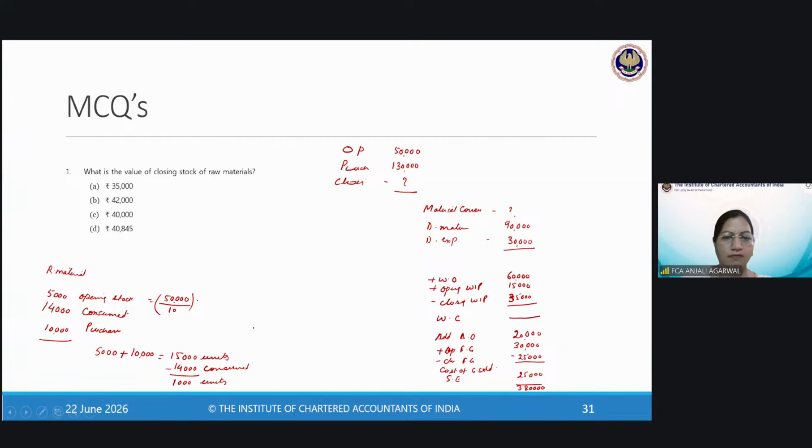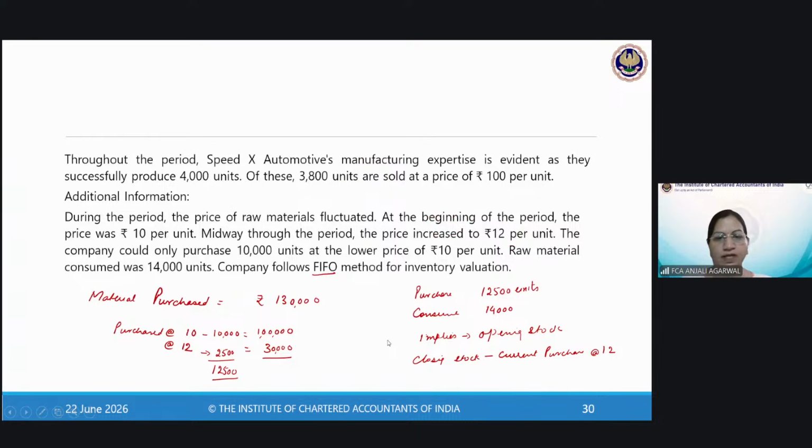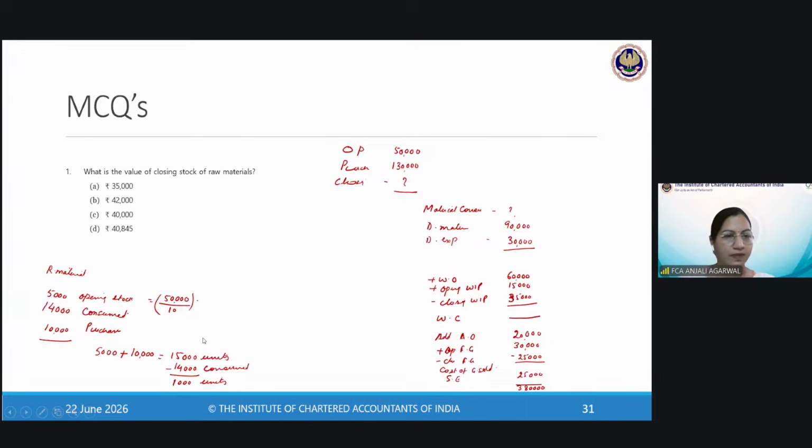And as we are following FIFO, in that case, what will be the value of the inventory? Whatever will remain will be the one which is, wait, we have not purchased 10,000, we have purchased 12,500. 10,000 is purchased for 10 and 2,500 is purchased for 12.